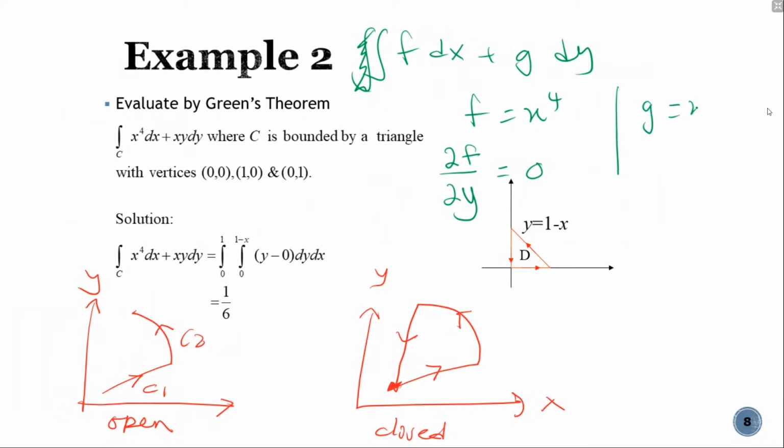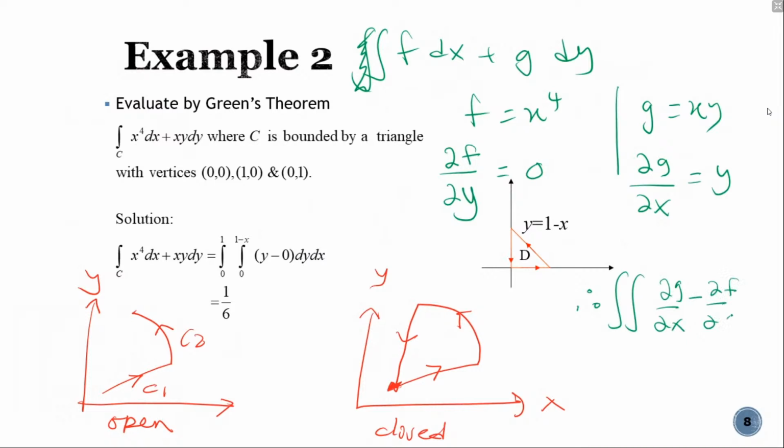Your g is xy, need to differentiate g respect to x, which is equivalent to y. Okay, then you put into the formula, which is dg over dx differentiate g minus differentiate f respect y of your area. So G X is Y minus 0.